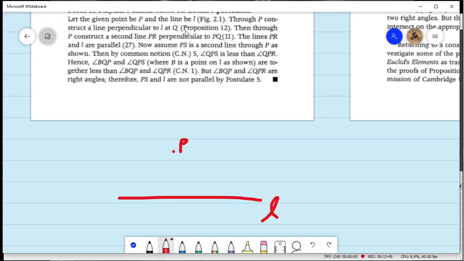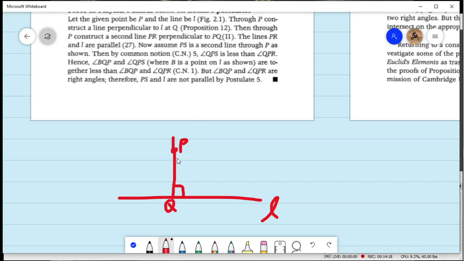So according to proposition number 12, from a point not on a line, a perpendicular can be drawn to the line. So stated here, let this line be perpendicular to line L at a point Q. Then through P, construct a second line PR perpendicular to PQ.